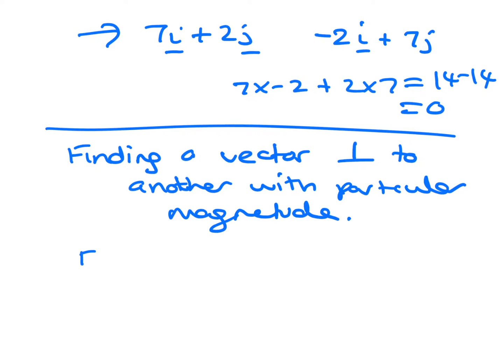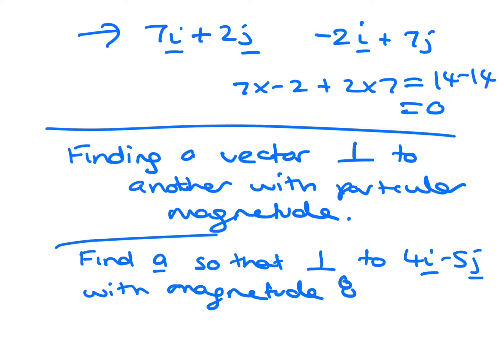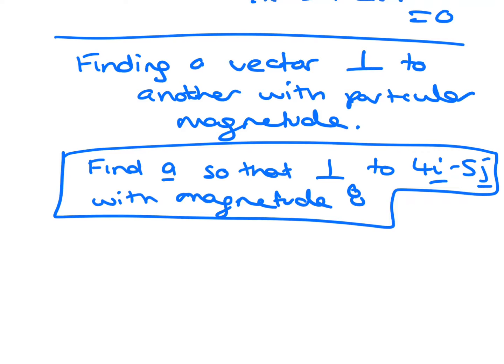So we want to find A, so that it is perpendicular to 4i minus 5j with magnitude 8. Okay, so if you've got the 4i minus 5j, if you're going to get something perpendicular, you need to swap them and you just need to change one of the signs. So I'll change the one in the middle.